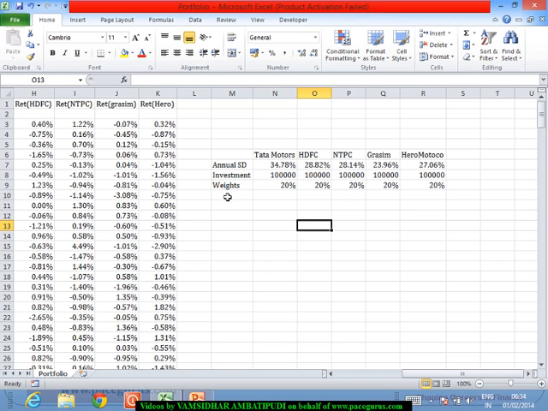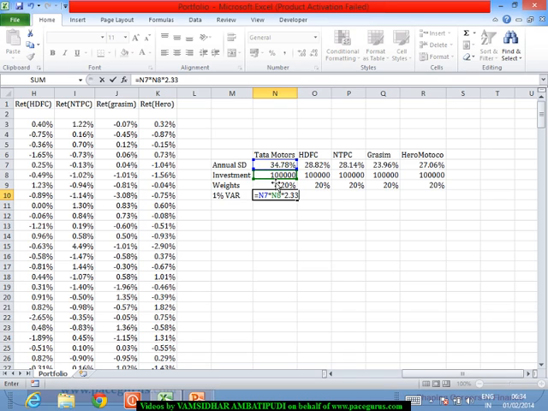Now, if I want to find the 1% VAR, or VAR at 99% confidence level, all I am taking is the standard deviation, multiplied by the invested amount, and multiplied by the multiplication factor, which is the Z score associated with the 99% confidence level.